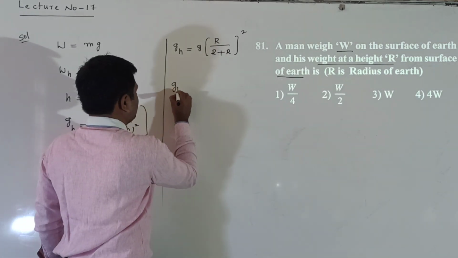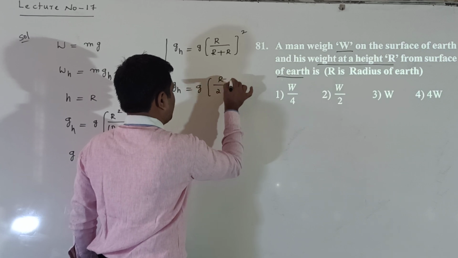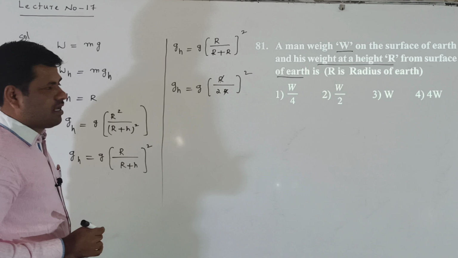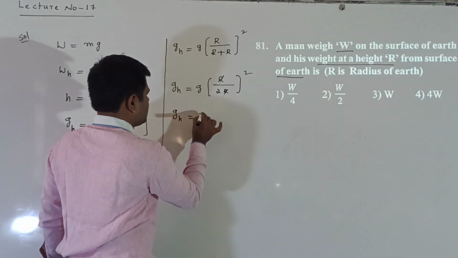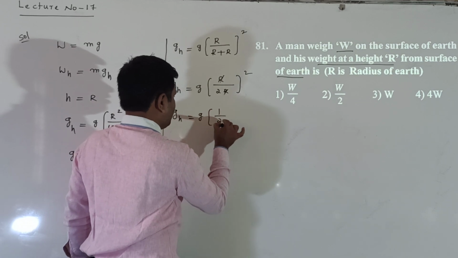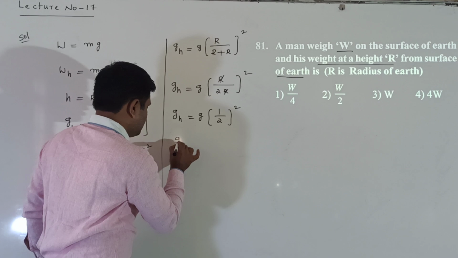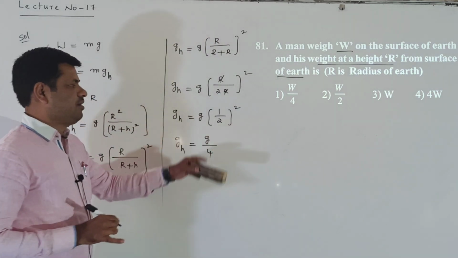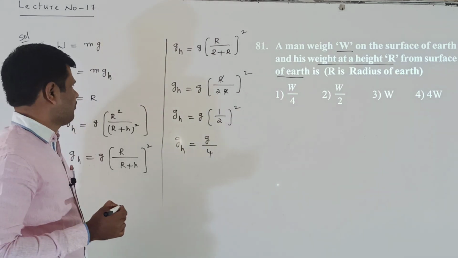R plus R is 2R, so g_h = g into (1 by 2) whole square. One by two whole square is one by four, so g_h = g by 4.